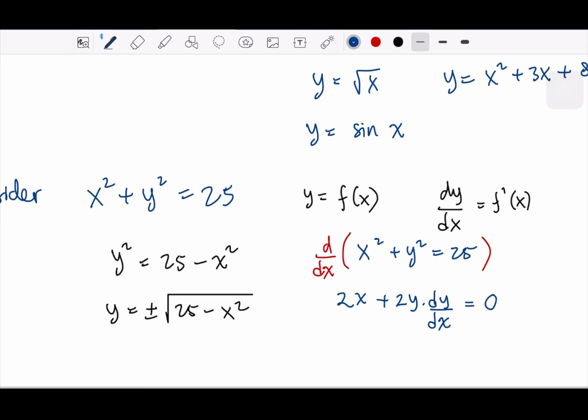Okay. So basically, implicit differentiation is just taking y, treating y similarly as x, but adding something. Because y is a function of x, we need to add this dy over dx. If we take x and y as different variables, both independent, it will be in calculus 2.